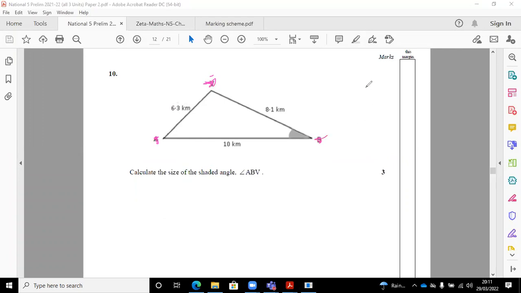Ignore the lettering. You're looking for matching pairs. So if you're looking for this angle, in the formula, that is angle A. That is its matching pair. The length opposite the angle you're trying to find is its matching pair.